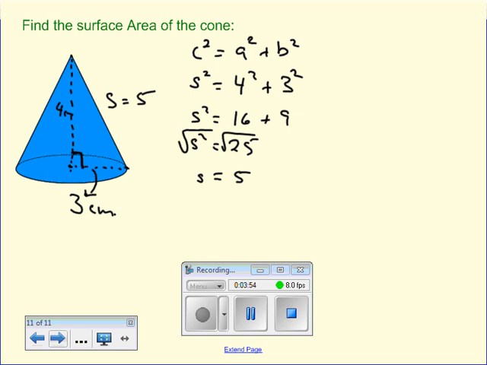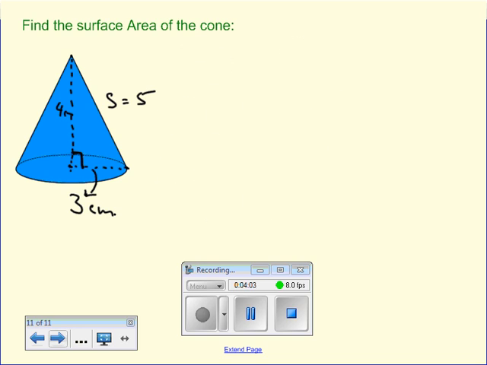So once I have my slant height, I can just put it into my formula. And my formula for the surface area of a cone is pi r, so radius, times the slant height, plus pi r squared, which is the area of a circle.